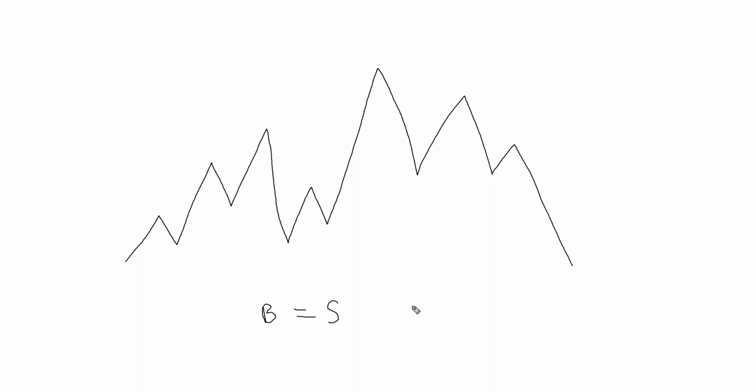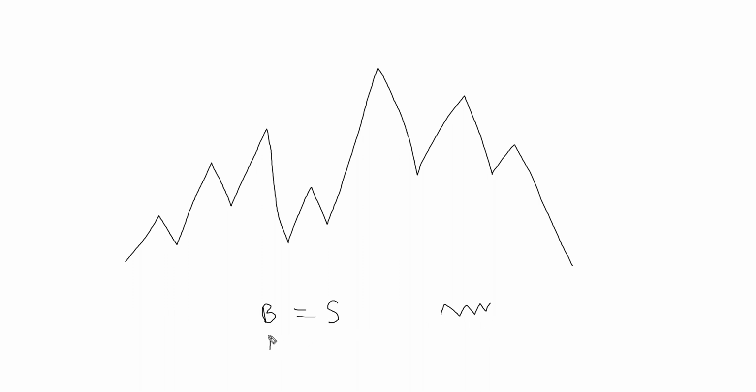Okay, so what it means is that there's a perfect balance between buyers and sellers. And when this happens, the stock tends to not really do much. It consolidates, maybe bounces around. No one side is more powerful than the other side. Okay, so you have equilibrium.